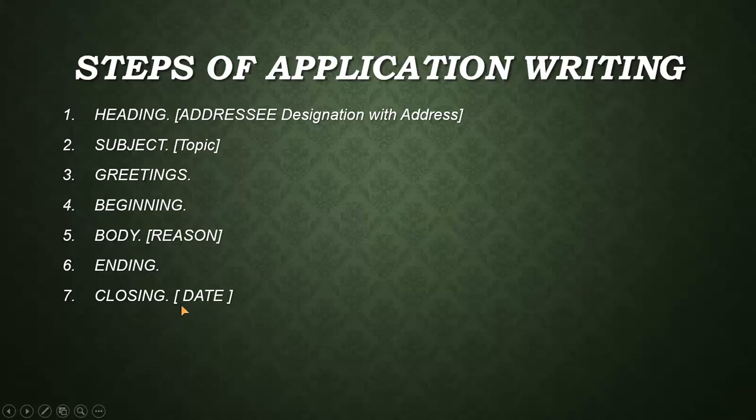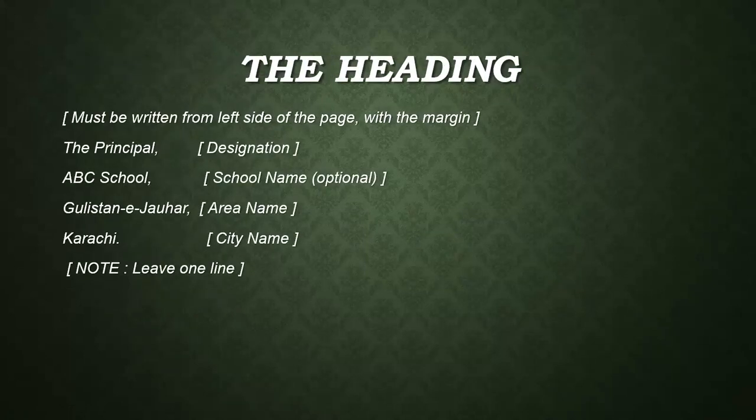Closing means the date. You must write the date here in the closing. Okay, the date must be there in the closing part. You should know that in application writing, we write the date last, or the last part of the application is the date. Okay, now I am explaining all these steps one by one.